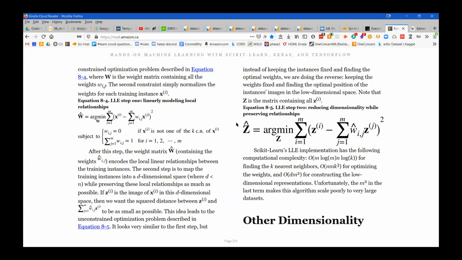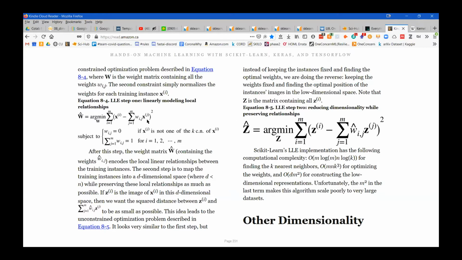And there are two basic equations. One is where you're adjusting the weights, and the other one is where you're fixing the weights and adjusting the parameters in the two-dimensional projection space. So you're adjusting the z components in this one.